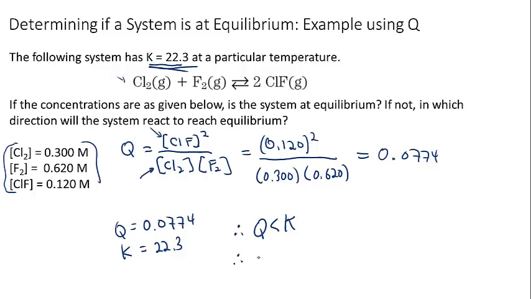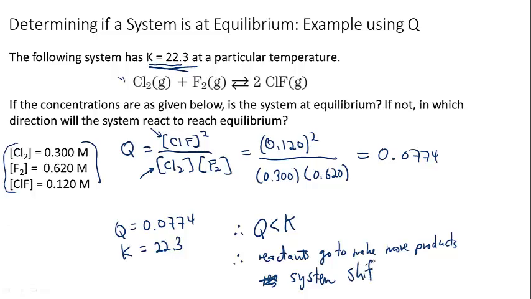So therefore reactants go to make more products. And the reaction, or the system, let us say, shifts to the right.